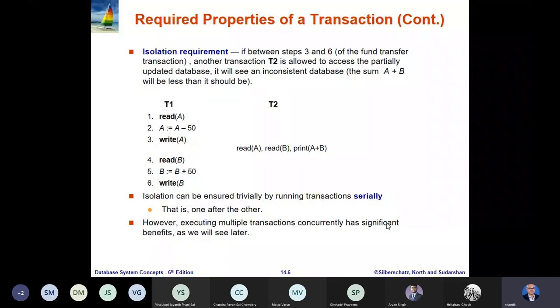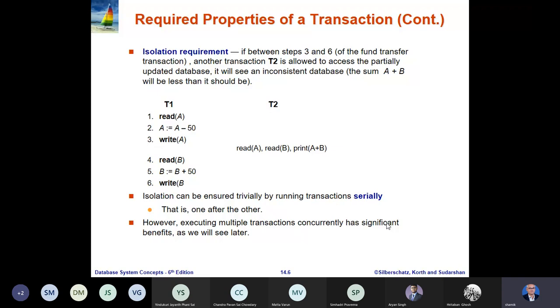So we have to ensure that the effects of the first 3 instructions, that is reducing A by 50, are reversed, so that A goes back to its original state, which was 1000, and B was not there at all, so there is no issue. The database which was consistent before this transaction started is also consistent after the abort.